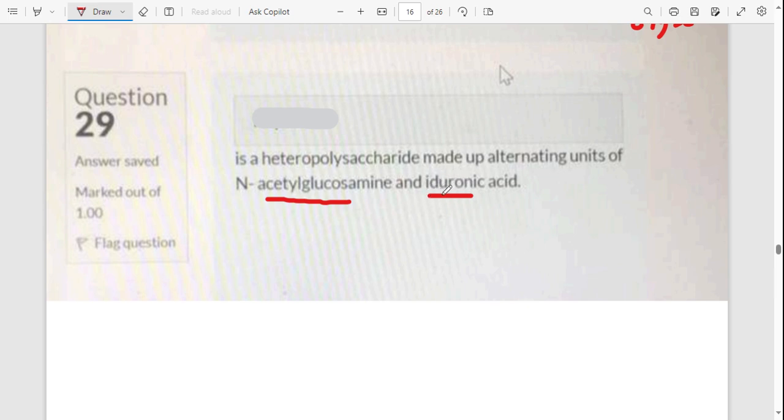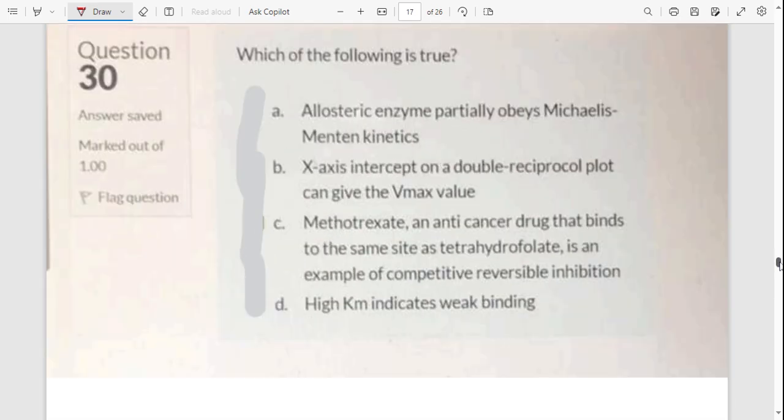If the uronic acid you use is iduronic acid, the glycosaminoglycan you have formed has a special name, and that is heparin. Just make sure that you know the other types of glycosaminoglycans and what they are made up of.